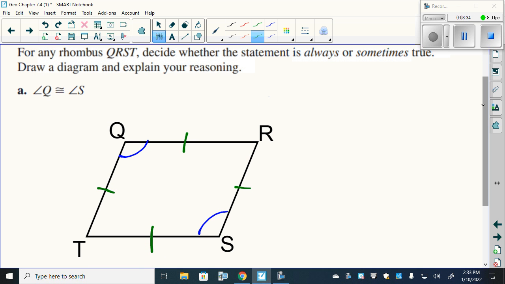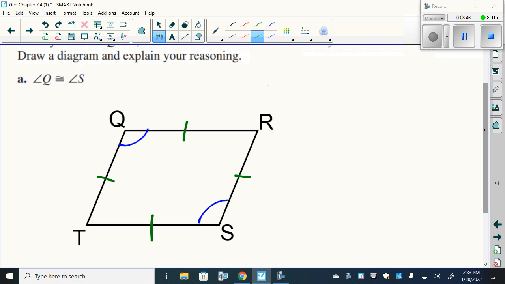Looking at this here, we are asked to determine whether the statement angle Q is congruent to angle S is sometimes or always true. Why?